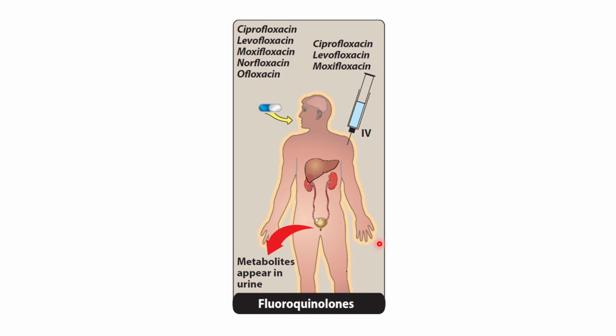Moxifloxacin has enhanced activity against gram-positive bacteria, including Streptococcus pneumoniae, and can also be used for the treatment of anaerobes, including Bacteroides fragilis. However, it's not recommended for urinary tract infections because it's not concentrated in the urine.